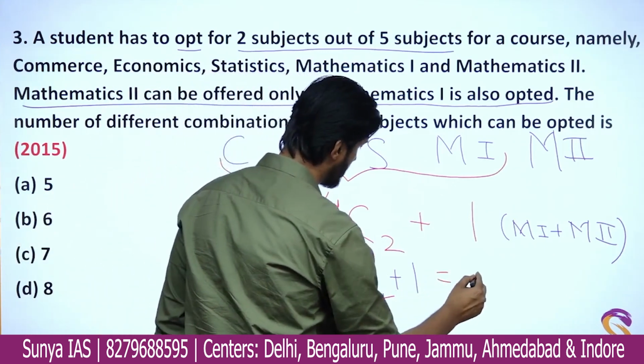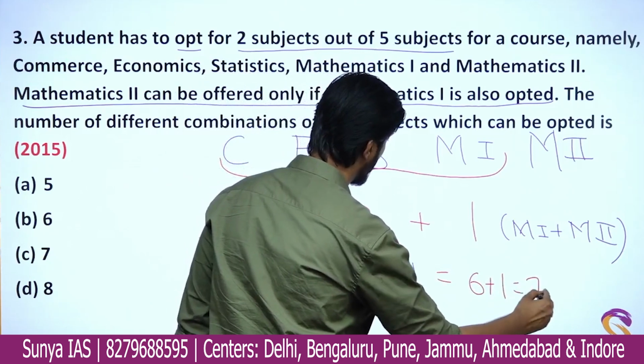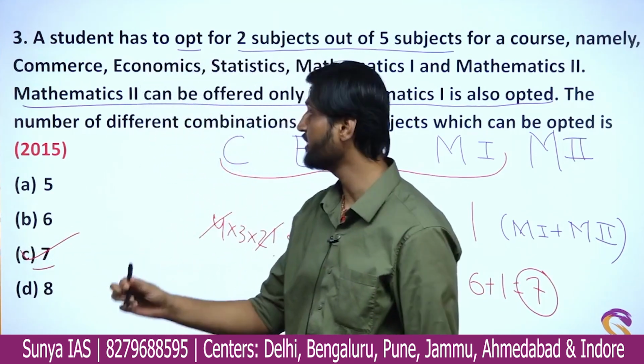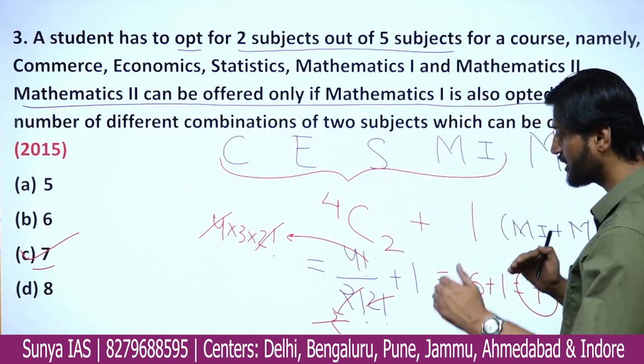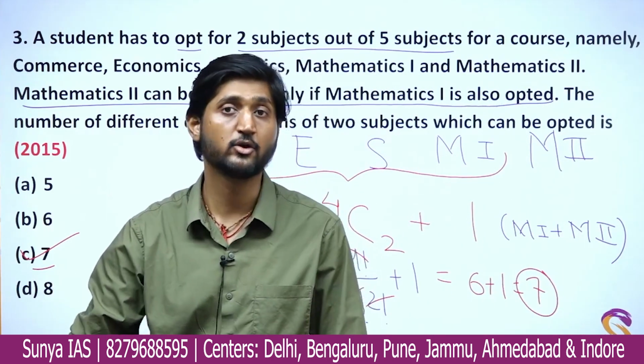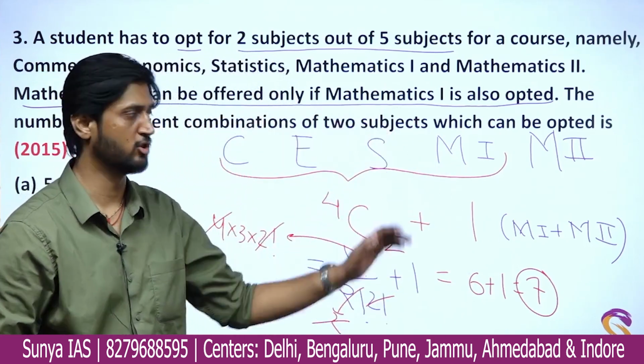So you have 6 plus 1, that is overall 7 ways in which you can select the courses, given this particular condition. So this is somewhat a level up of the previous questions. Here you have to actually satisfy this condition also.